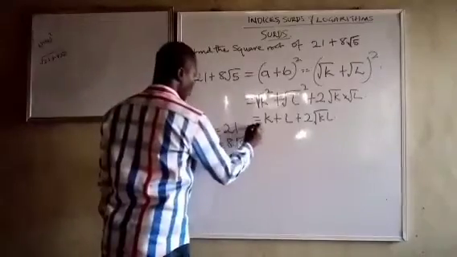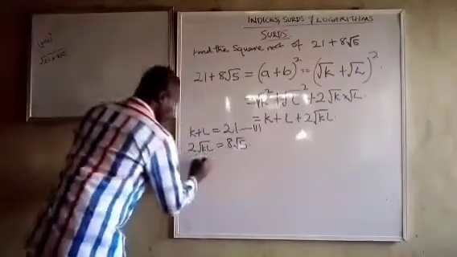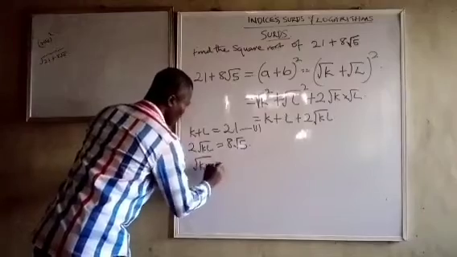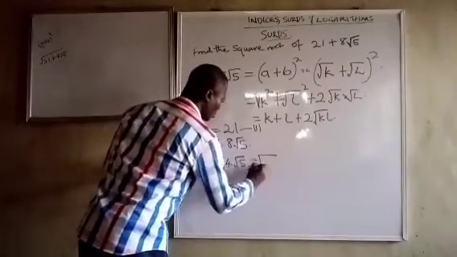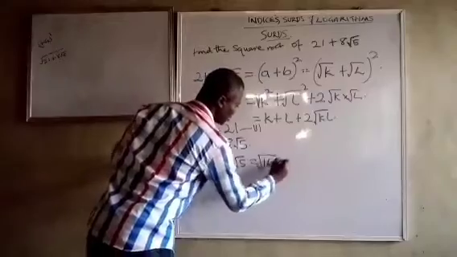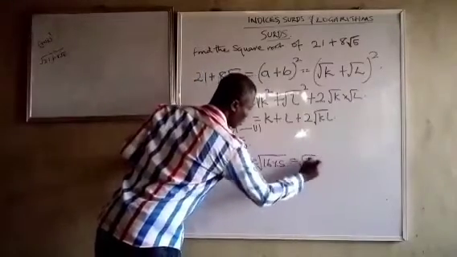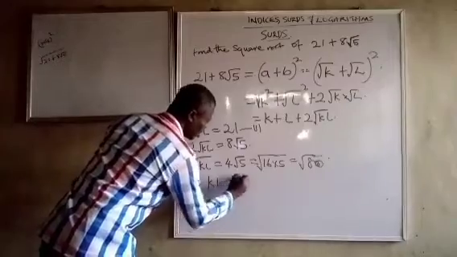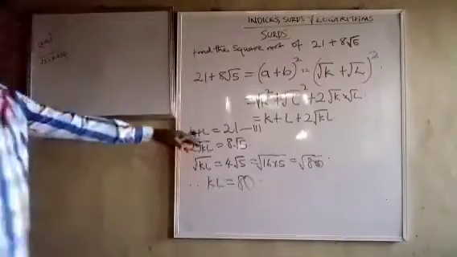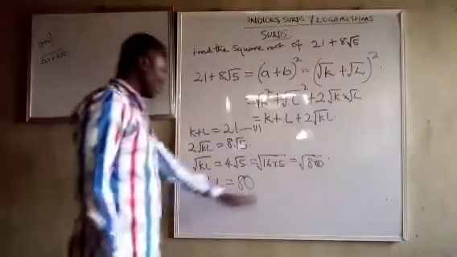This one, we can work with. Let us solve this further. So we have root of kl equal to 4 root 5, which is equal to root of 16 times 5, root of 80. Therefore, kl is equal to 80. You can see kl is equal to 80.